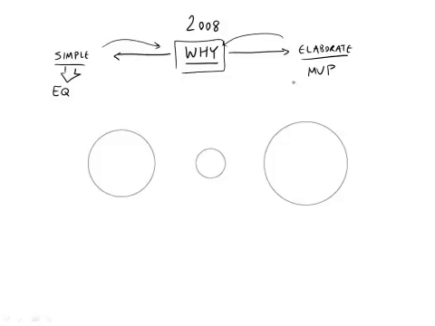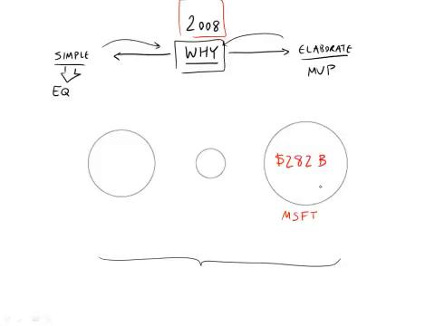So this story, again, back in 2008, involves, let's call it a story of three circles. And one of those circles is a company called Microsoft. And back in the year of 2008, Microsoft had a market capitalization, so total worth of the company, of about $282 billion.